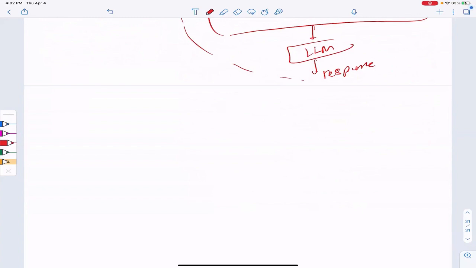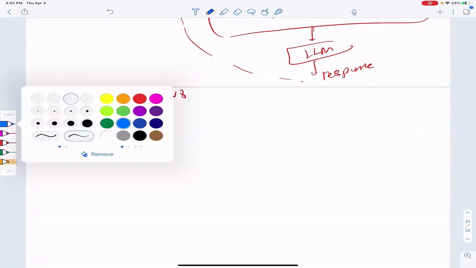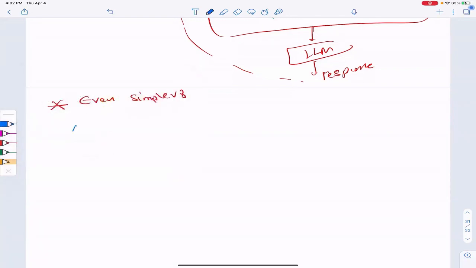Even simpler, you can just add "let's think step by step" before each answer.